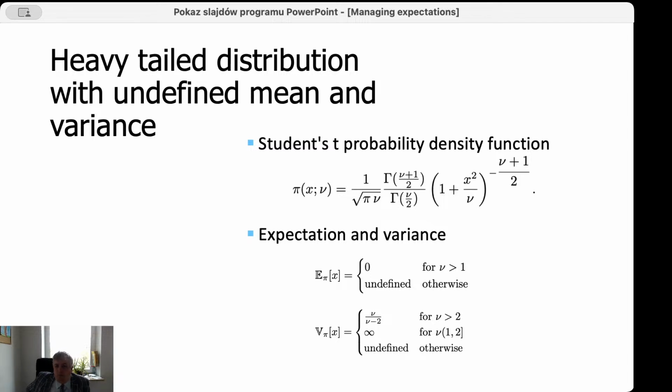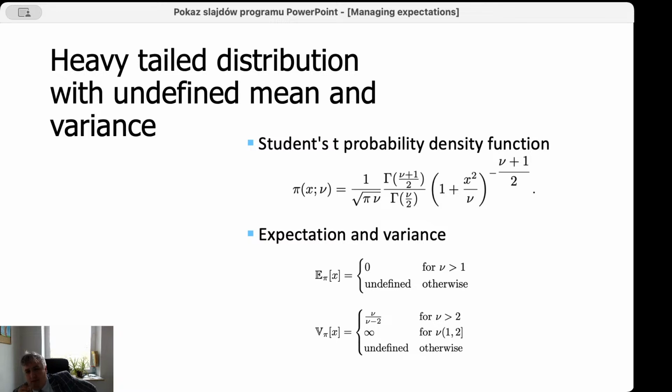However, if it's not large enough, then we see certain changes. For example, as long as we have a standard distribution, if degrees of freedom are larger than 1, then the expected value of it is 0, which is actually collocated with the maximum of the function.